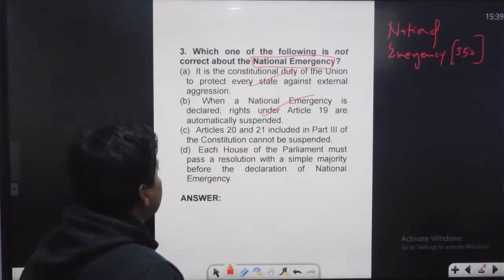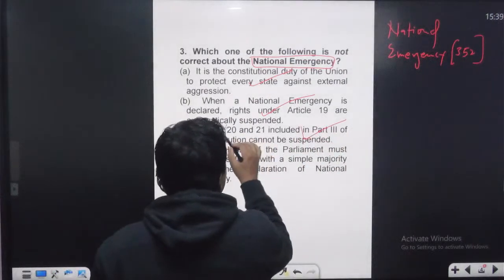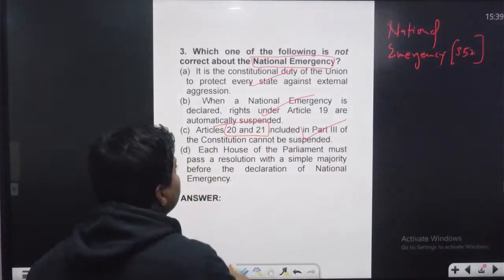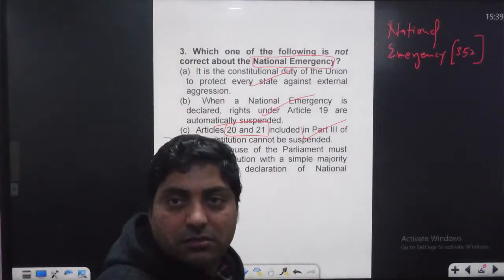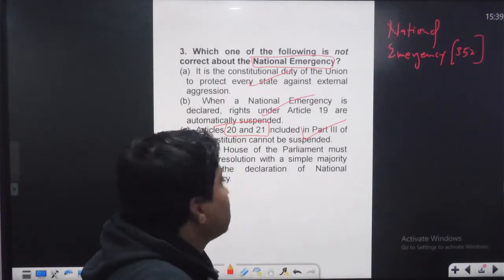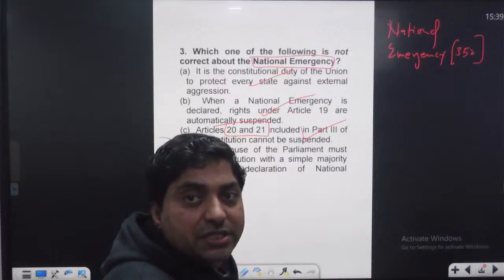Yeah, they cannot be suspended. Article 20 and 21 are fundamental rights, and they cannot be suspended during national emergency.